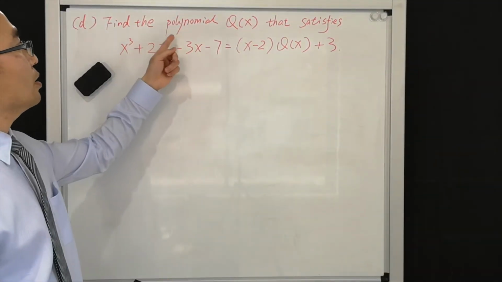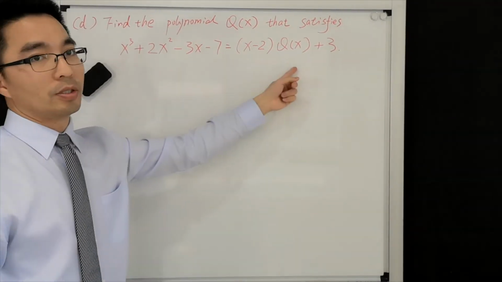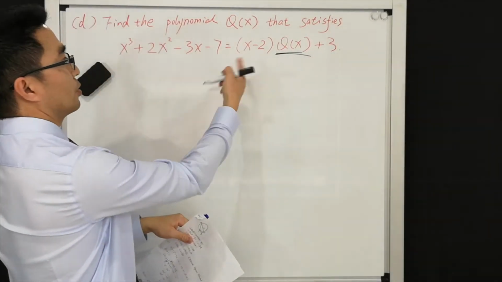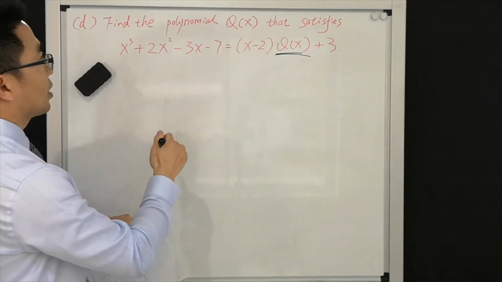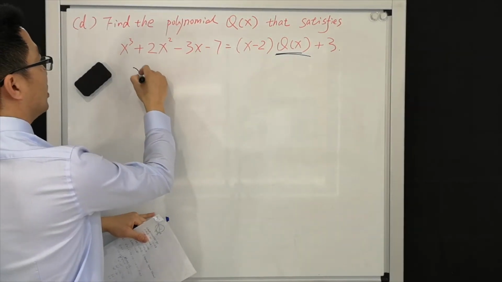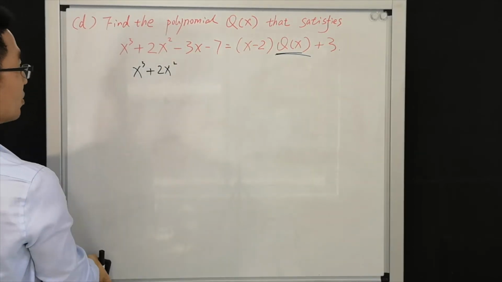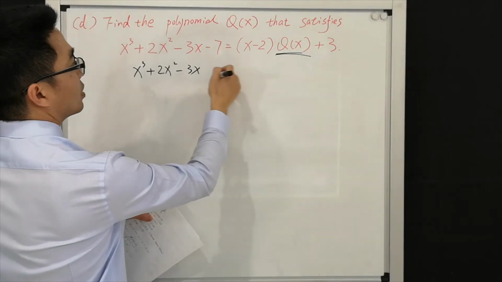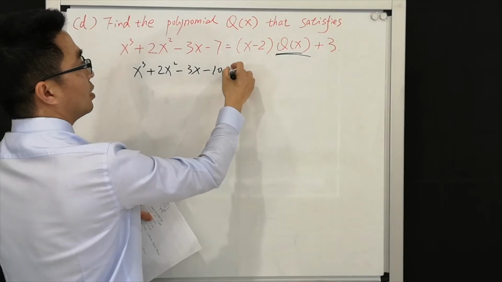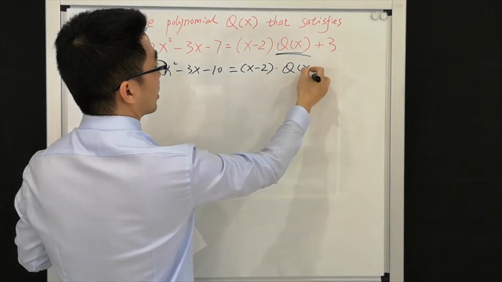D. Find the polynomial Q(x) that satisfies these equations. We need to find this Q(x) from this equation. I will bring these 3 to the left hand side to combine with this 7 to make it easier: x cubed plus 2x squared minus 3x, then negative 7, negative 3, we get negative 10, equals x minus 2 times Q(x).